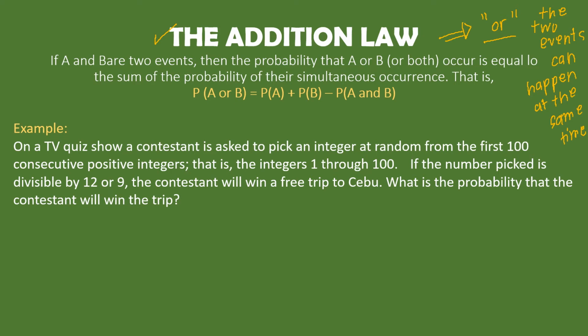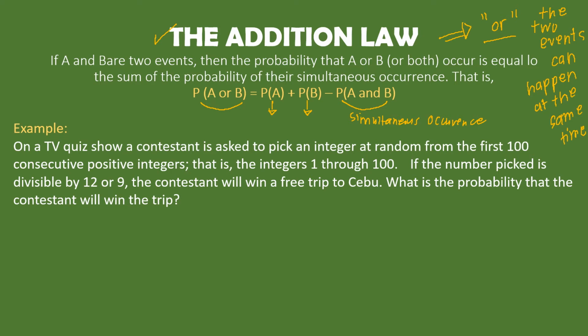So the probability of A or B here signifies if A or B will happen. The probability of A is the probability that A will happen, and the probability of B is the probability that B will happen, and this probability of A and B is the simultaneous occurrence of A and B. One example of events that can happen at the same time is the probability of getting a 3 or a heart in a standard deck of 52 cards.